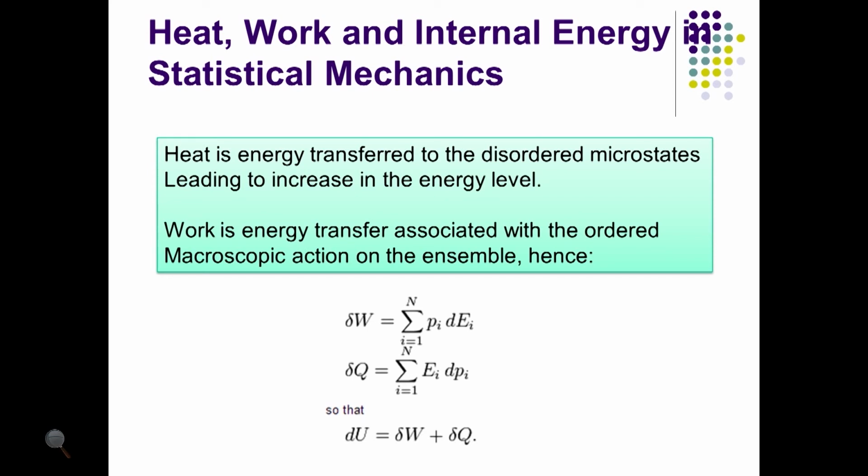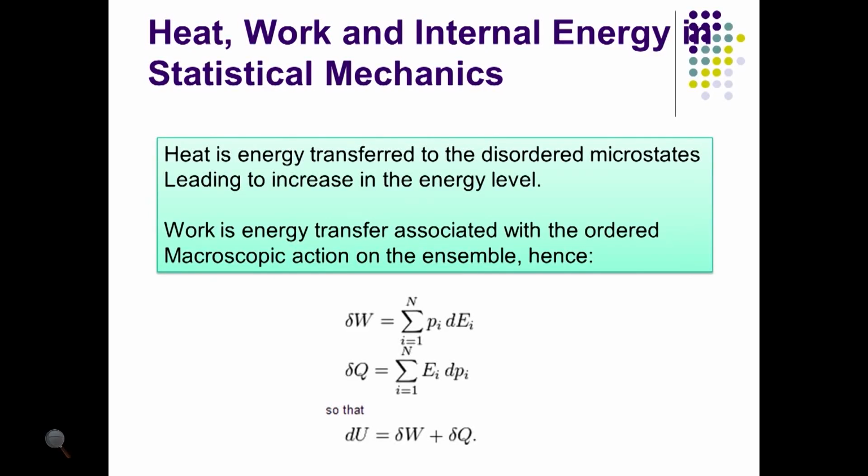We have seen this situation in our VMD simulation, where we took a bunch of particles in the gas phase, supplied heat to them and changed their phase, or took heat away from them by freezing or melting them. In that case, we looked at the disordered microstates, increasing their energy level by supplying energy, or decreasing it by taking away heat.